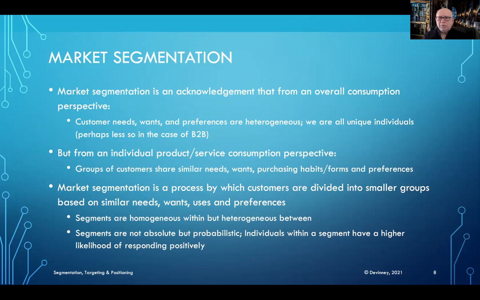Now, you don't end up with that in reality, but the idea would be that there's one segment over here, and everybody in that segment is very clear. There's another segment over here, and everybody within that is clear. But the reality is that you get diffusion, where there might be a heavy concentration over here, a heavy concentration over here, and some spillover in between.